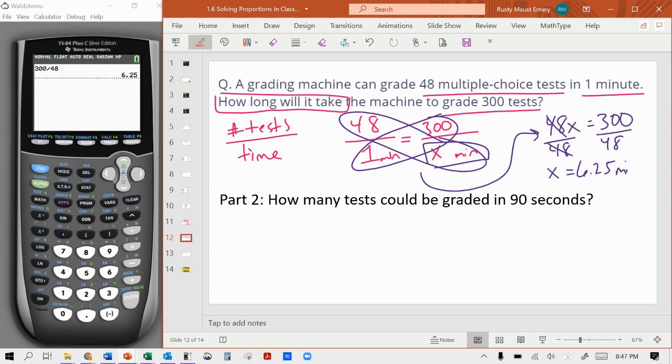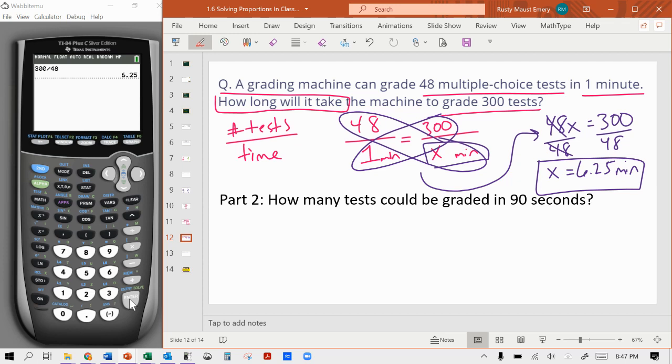So yeah, we got a decimal. Can you have 6.25 minutes? Absolutely. So that's fine as an answer, 6.25 minutes. You don't need to convert that to minutes and seconds. 6.25 minutes is just fine. If you did want to convert it, it'd be 6 minutes and 15 seconds.